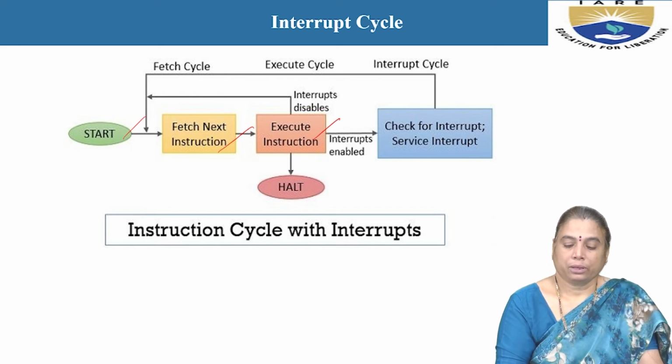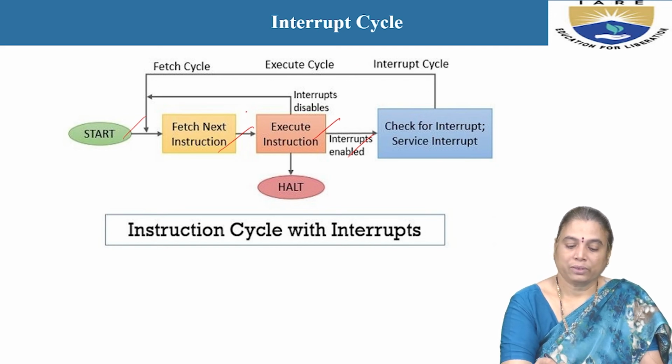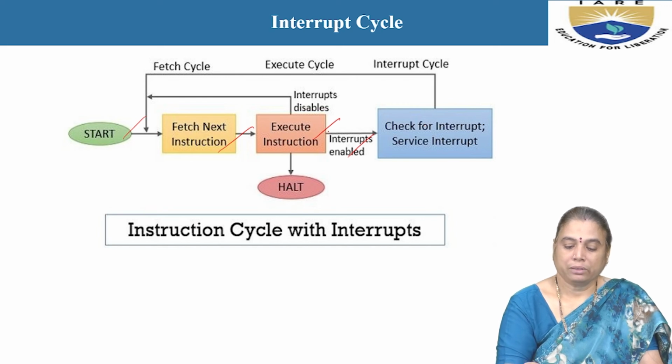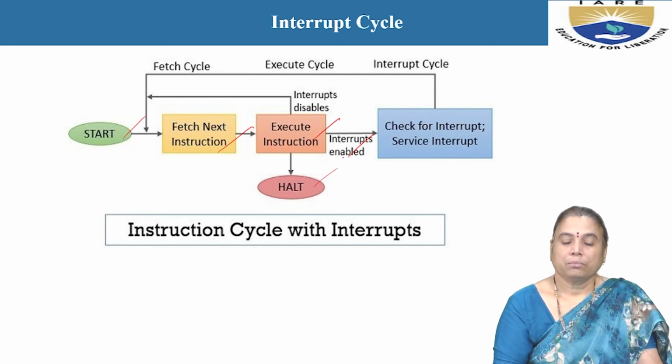After executing the current instruction, the computer checks whether the interrupt is enabled. IEN is the interrupt enable, and whether the interrupt is enabled or not can be checked. If any interrupt is present, then service the interrupt. So in the interrupt cycle, the ISR has to be serviced with the same sequence. If no interrupt is enabled, then halt the program.